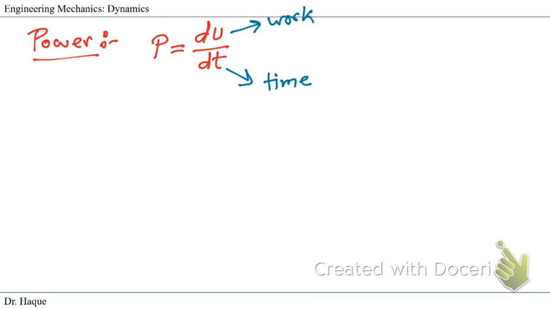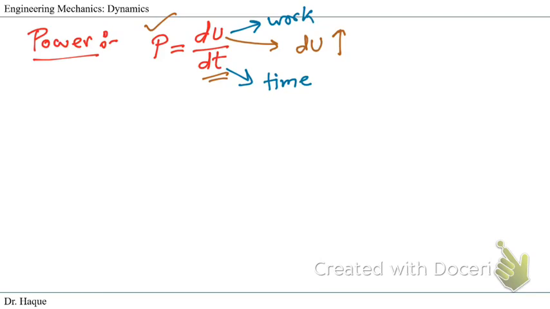From this equation, we also see that if dU goes higher with the same amount of dt, the power goes higher.